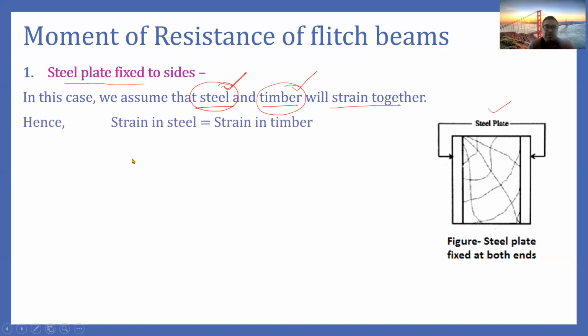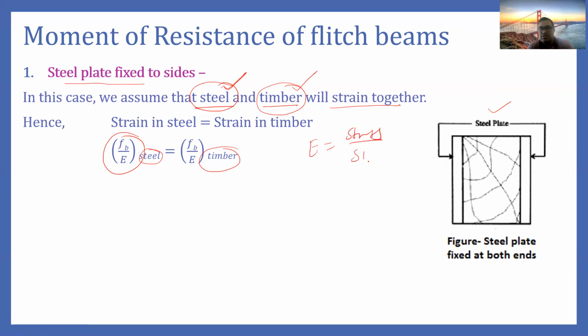With the stress-strain relation, strain can be calculated as stress divided by Young's modulus of elasticity, so FB by E of steel will be equal to FB by E of timber. As we know, E is stress by strain, so with this relation we have the strain in terms of stress and modulus of elasticity.